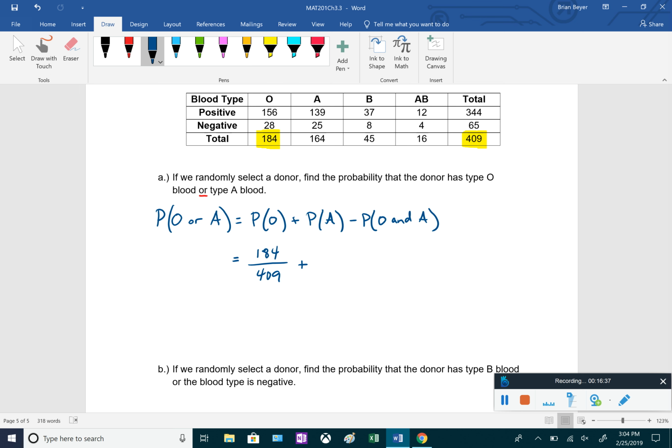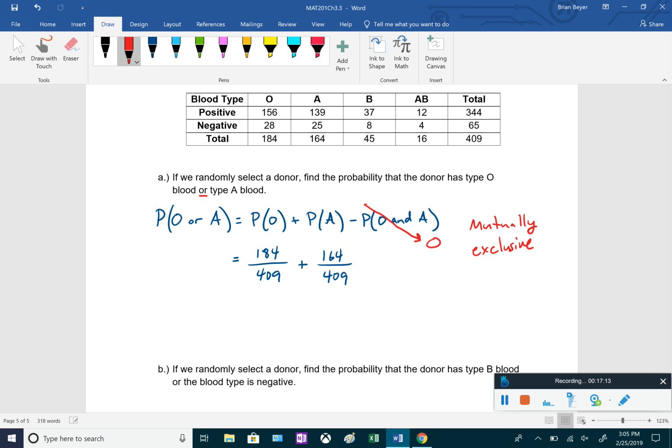Plus the probability of type A. The probability of type A is going to be the total for A over the total number of donors. So it's going to be 164 over 409, minus the probability that they're both O and A. They can't be both O and A, so they're mutually exclusive. So that last term is going to be 0.